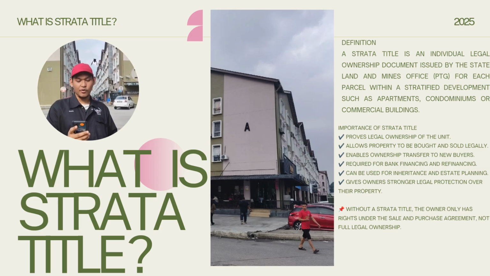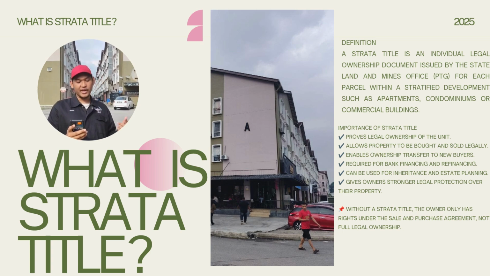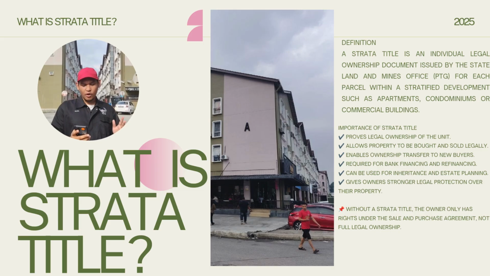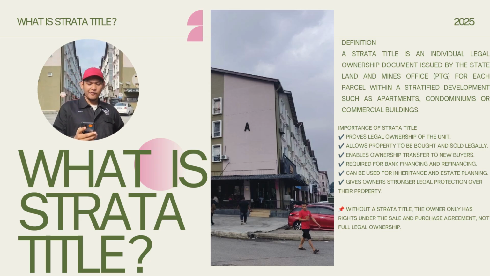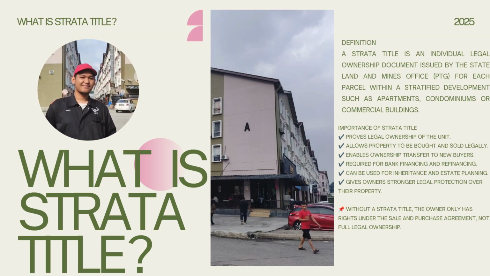Having a strata title allows the owner to sell the property, transfer ownership, apply for bank financing, and also manage inheritance matters more easily. Without a strata title, owners only have rights under the sale and purchase agreement and do not yet possess full legal ownership of the property. Therefore, obtaining a strata title is very important as it protects the owner's legal rights and increases the property's market value.